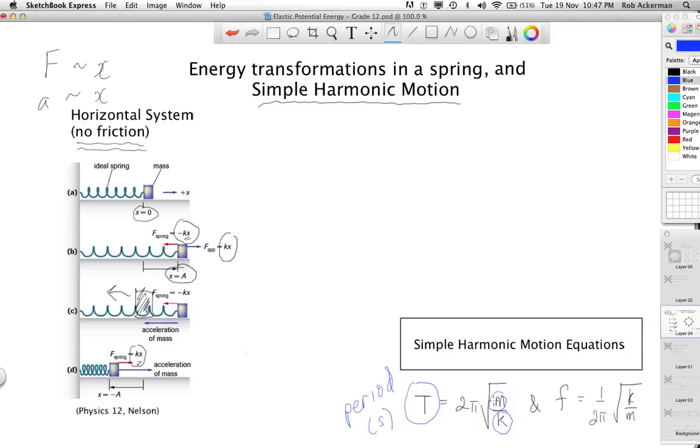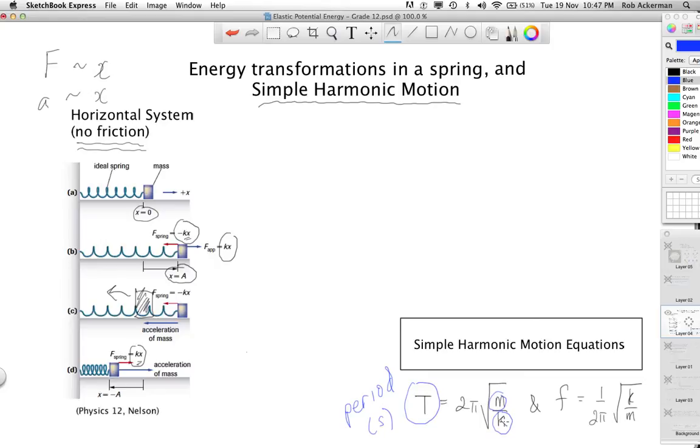If you have a really, really heavy mass, should it take more time or less time for the mass to vibrate or oscillate back and forth? I think it makes sense that if you have more mass, it should take longer for that spring to pull the mass back and forth in simple harmonic motion. So it makes sense that m is in the numerator. And what about the reverse?